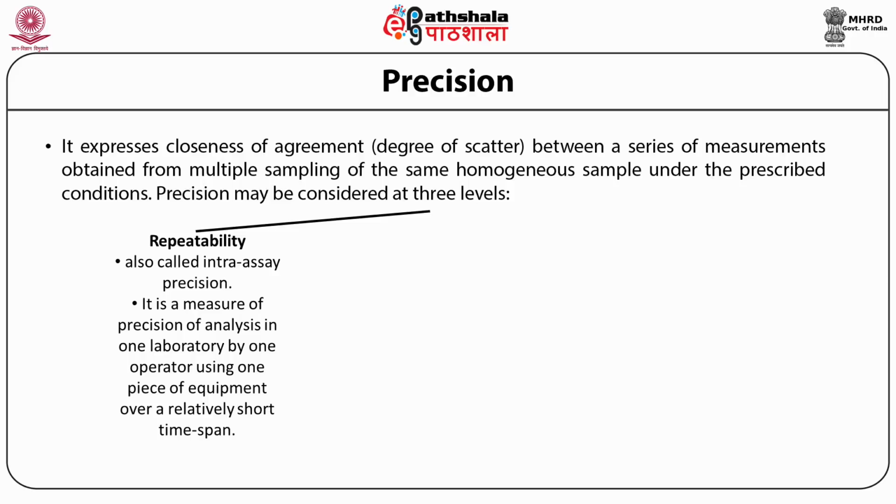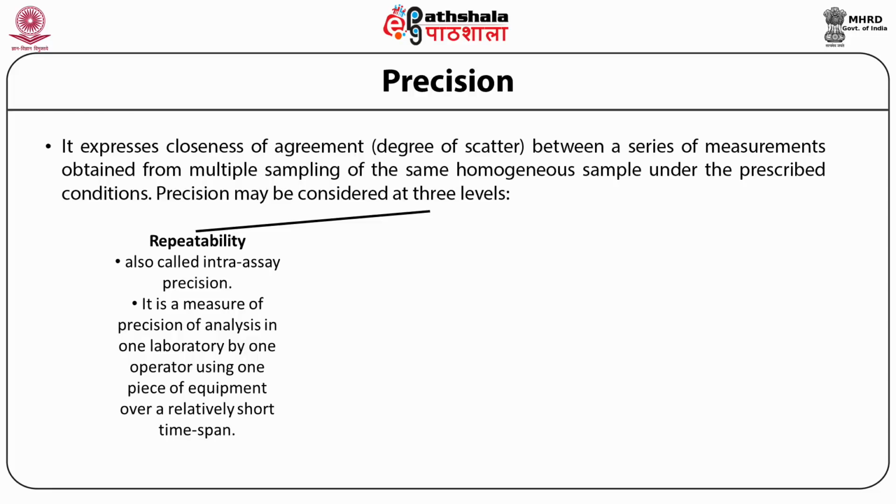For example, 3 concentrations with 3 replicates each, as in the accuracy experiment, or a minimum of 6 determinations at 100% of the test concentration for evaluation of repeatability, which should be reported as standard deviation, relative standard deviation, or coefficient of variation, or confidence interval.